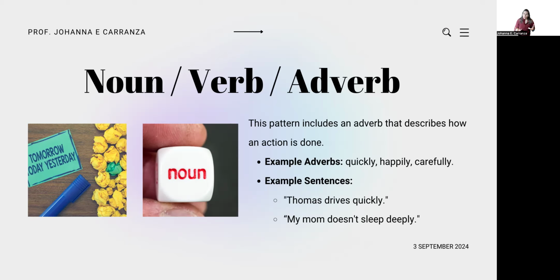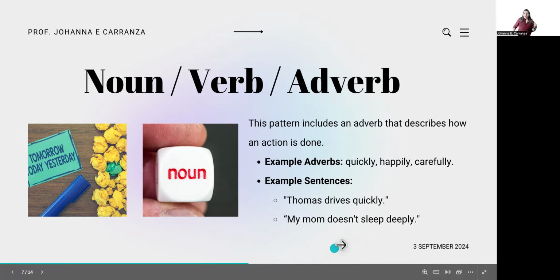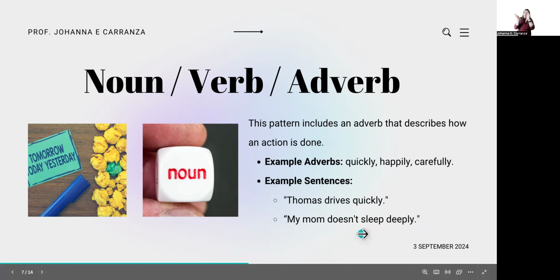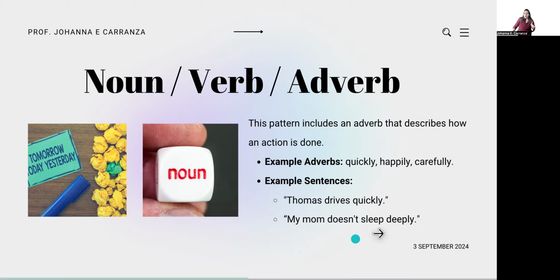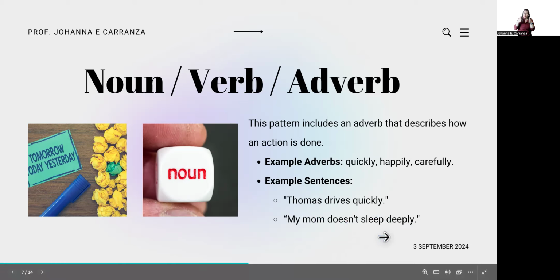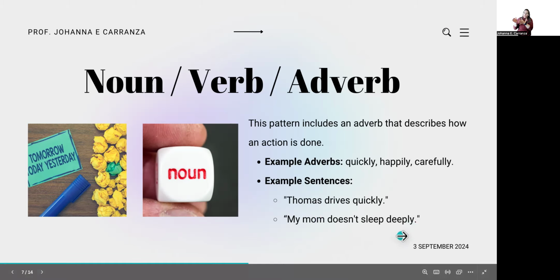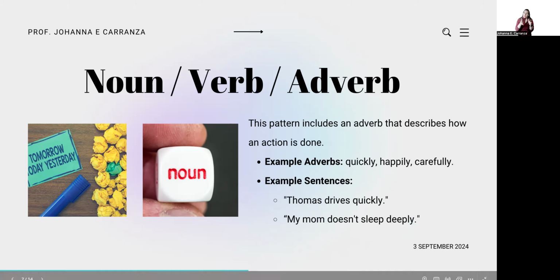In the example, Thomas drives quickly, quickly is describing how he is driving, the action. My mom doesn't sleep deeply. Deeply is describing how the mother sleeps, so it's the action of how she sleeps. That's what adverbs do. They describe how something is getting done.